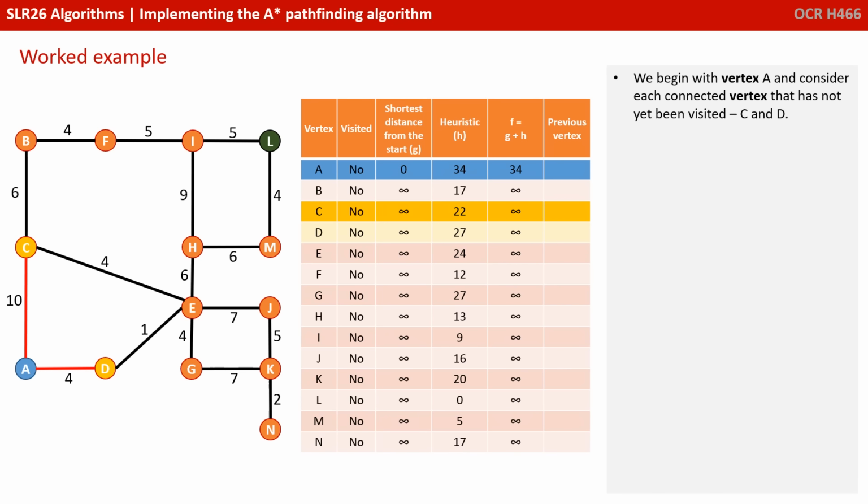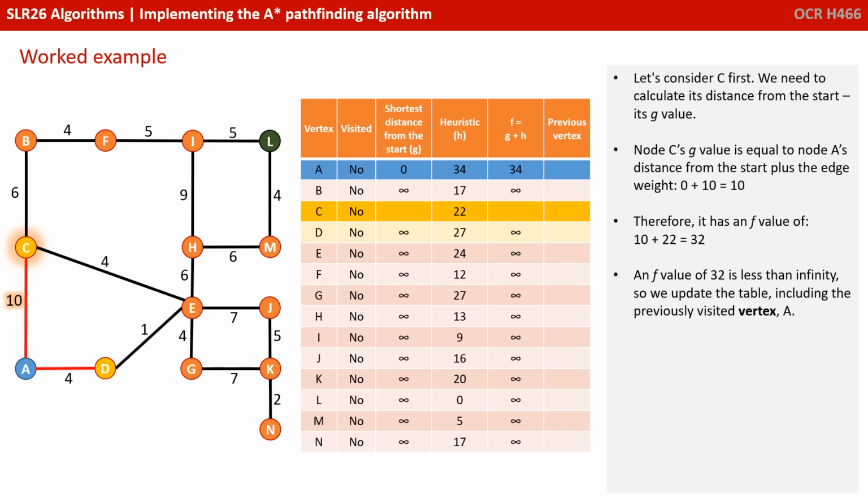So we begin with vertex A and consider each connected vertex that has not yet been visited. So that's C and D. Let's consider C first. We need to calculate its distance from the start, so that's its G value.